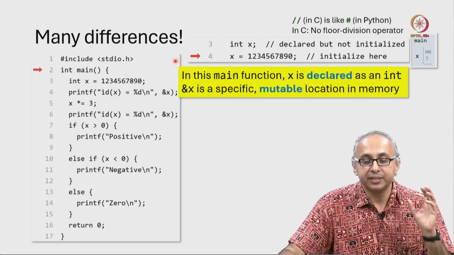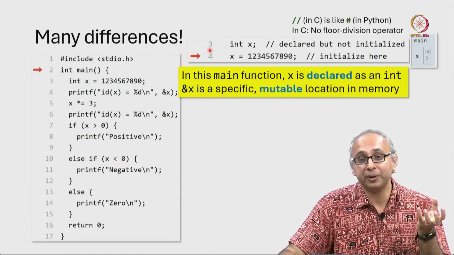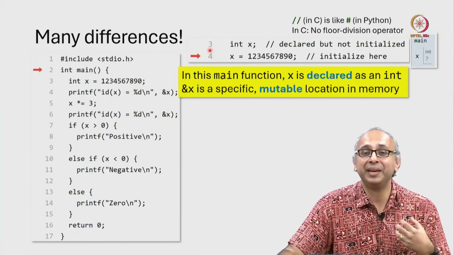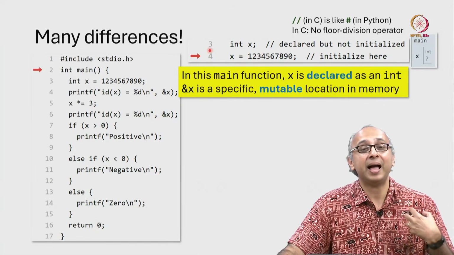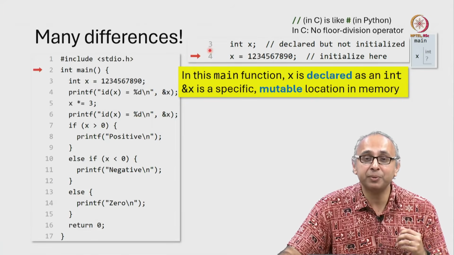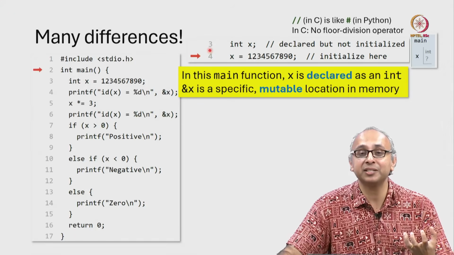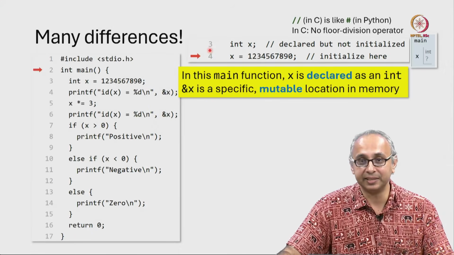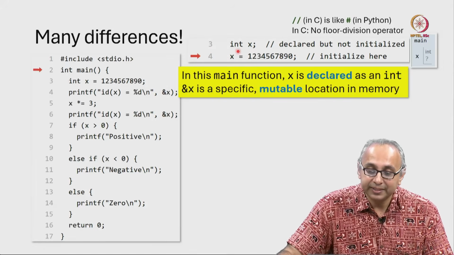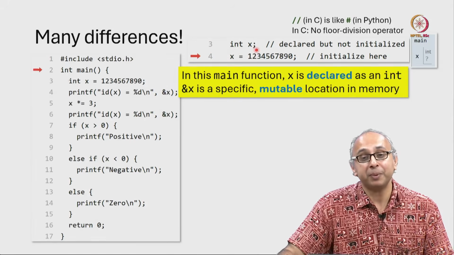By the way, this idea of declaring a variable has no parallel in Python. In Python, you don't declare a variable and then assign it. A variable in Python can only come into existence when you assign it to some object that already exists. But in C, you can declare this variable just by itself.